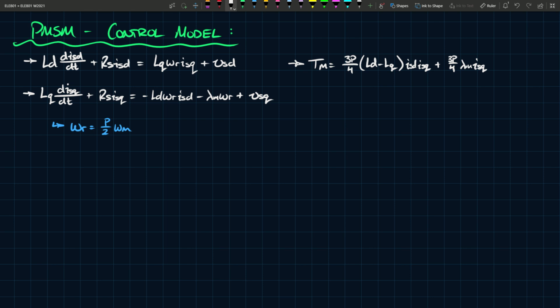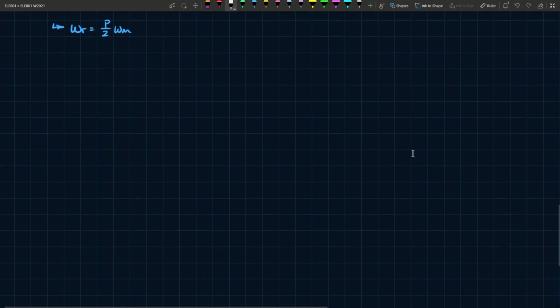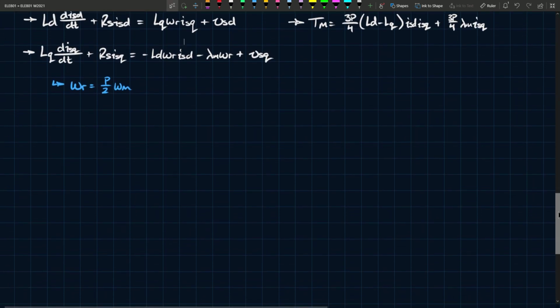So what's what? We can start by saying that our model, based on these equations, will take a signal for VSD. There's nothing else here, right?